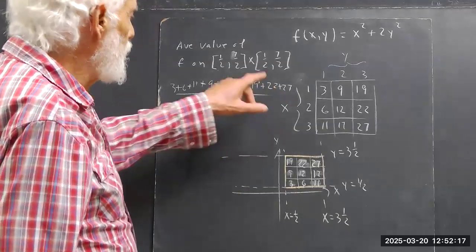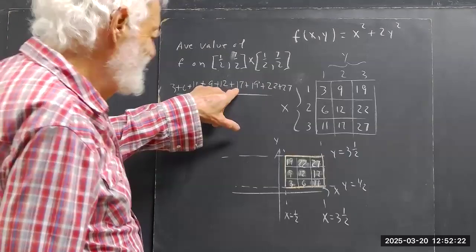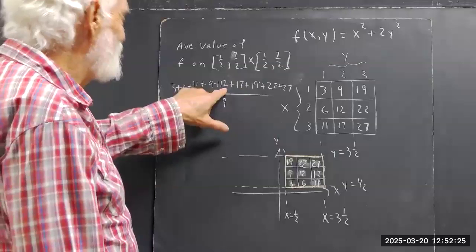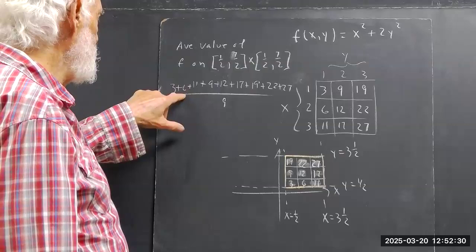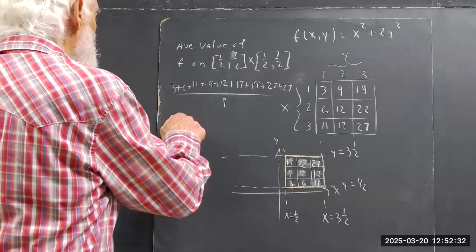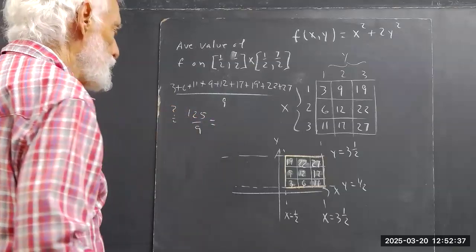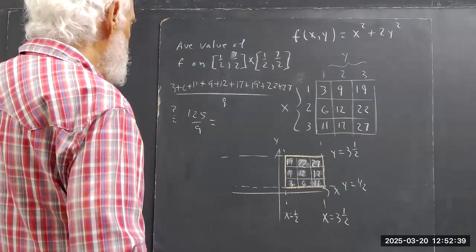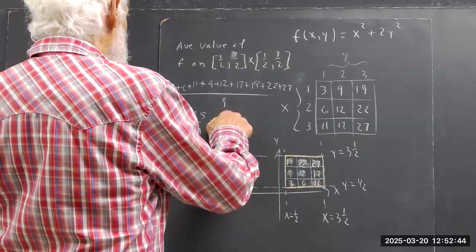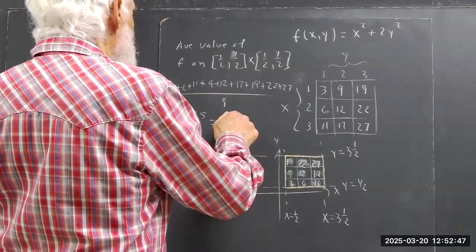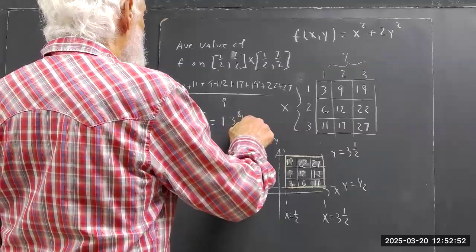That's 49, that's 67, 84, 96, 105, 116, 122, 125. 125 divided by 9 is going to be 13 and 8/9.